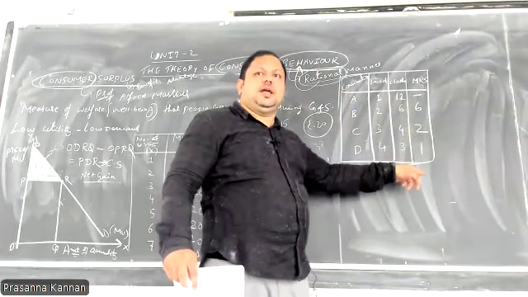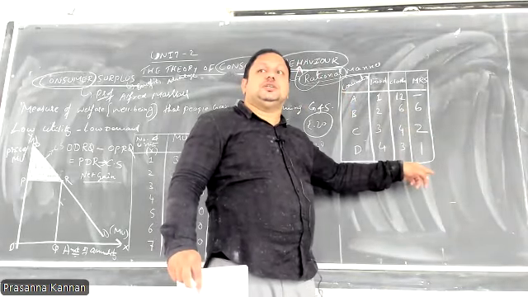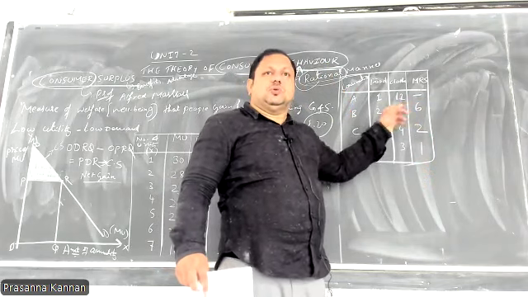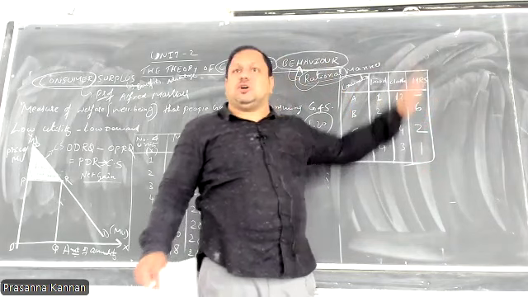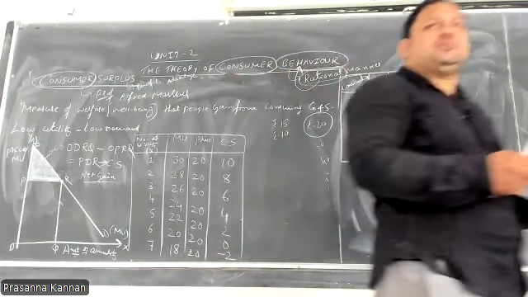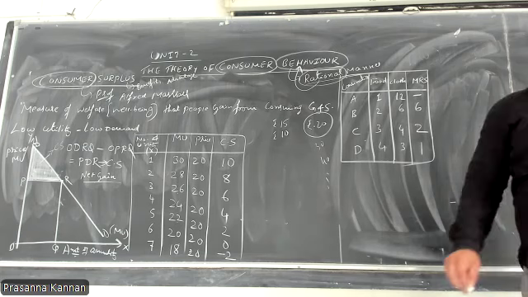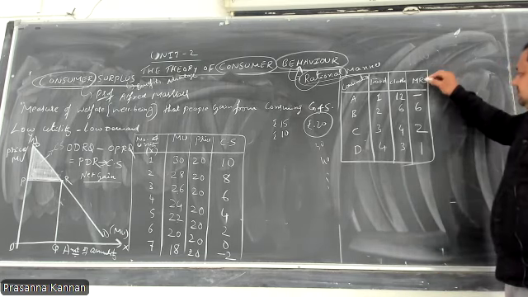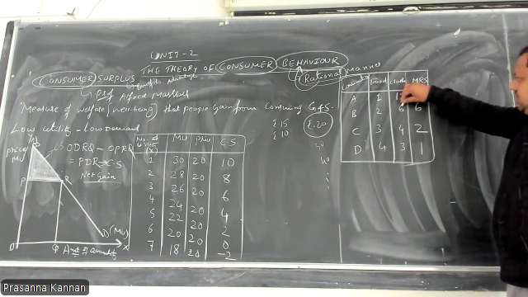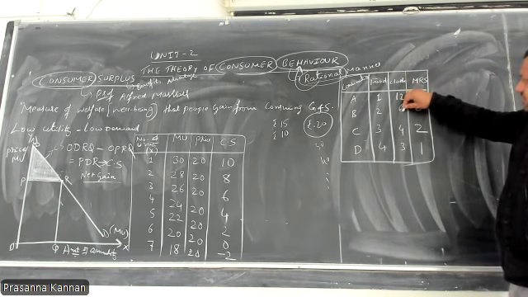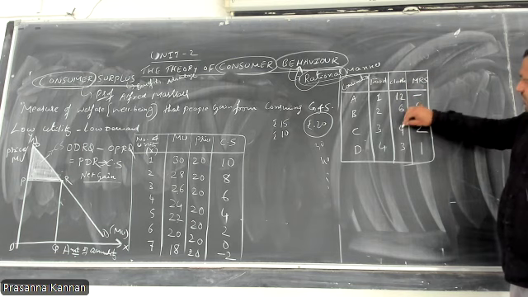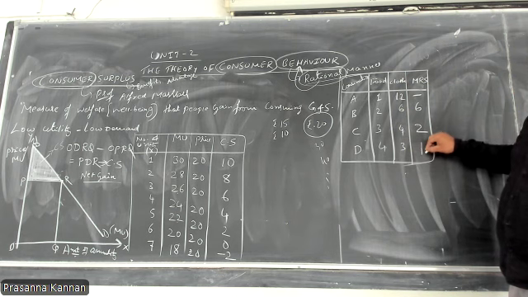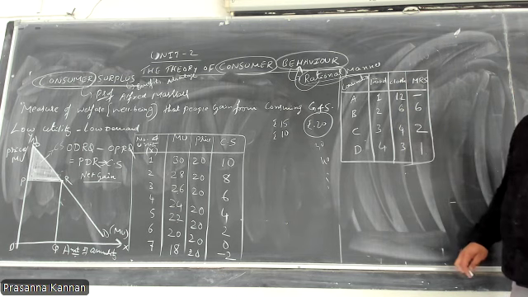This is what is called MRS, marginal rate of substitution. It shows the difference between the two commodities with the various combinations in which the consumer gets equal satisfaction. You see here, class, 12 minus 6 is how much here? 6 minus 4, 4 minus 3, and 1 minus 0 will remain.